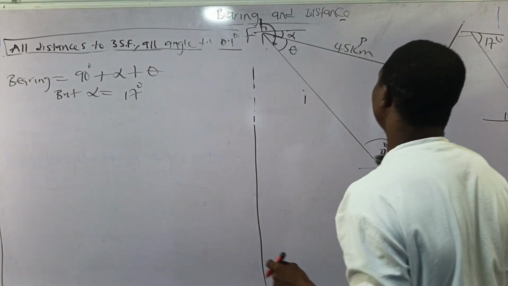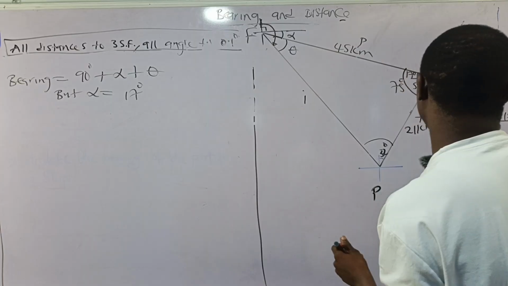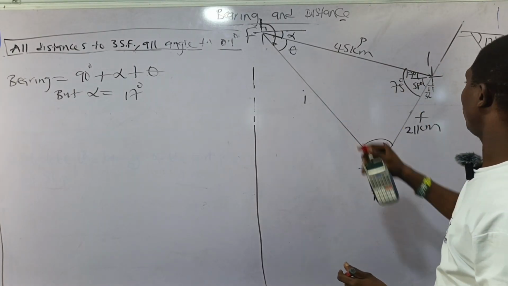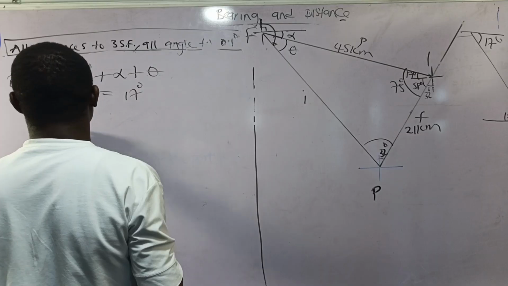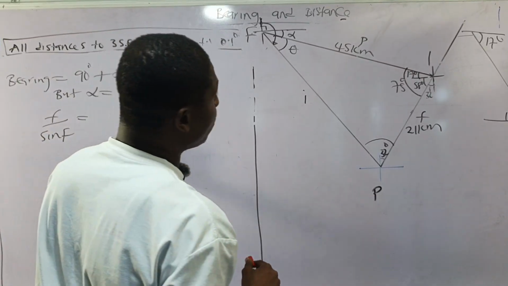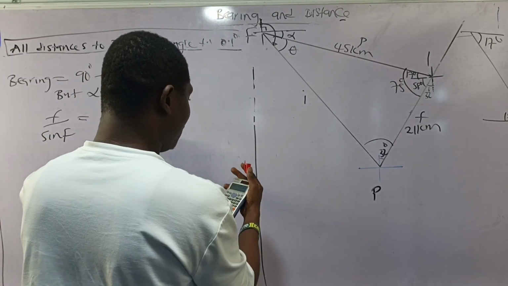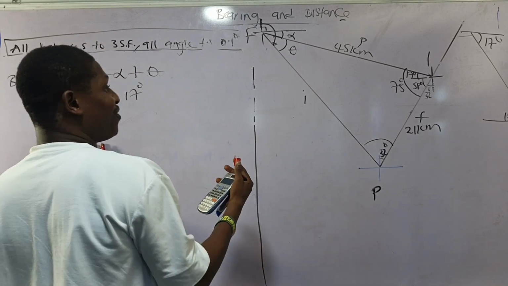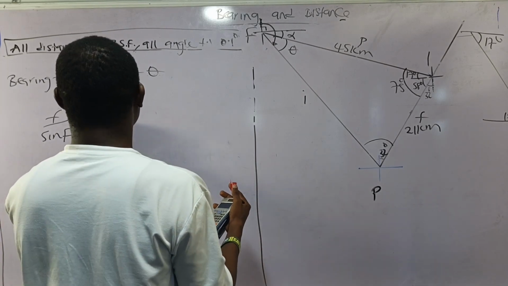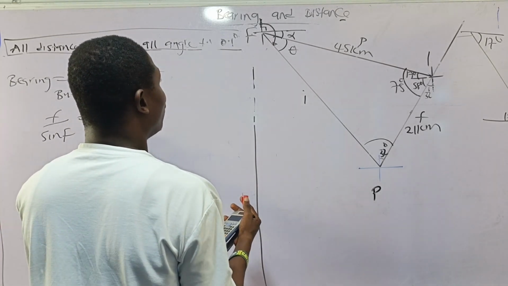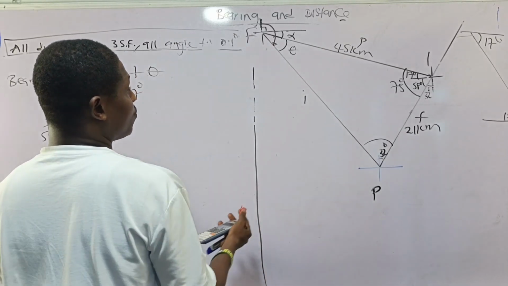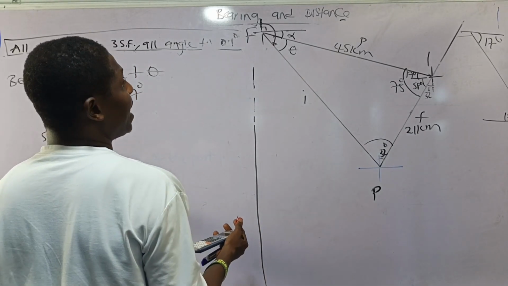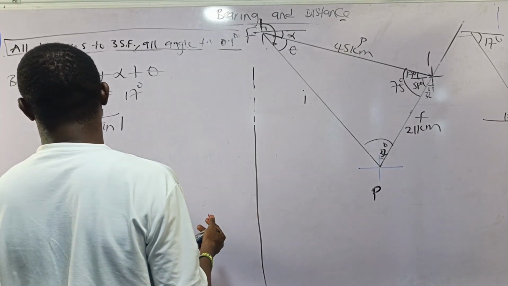Take note, now I need to look for my theta. How do I get my theta? My side is known, the angle is not known. So I can say small f over sine capital F will be equal to small i over sine of the angle I. Now my F is 21, and my angle F is the same thing as theta.